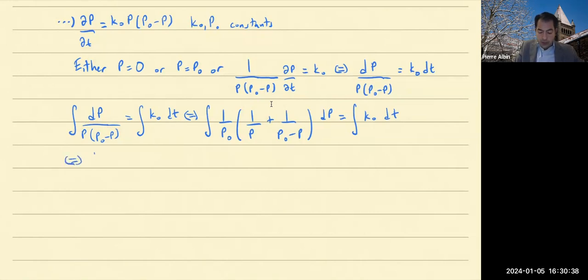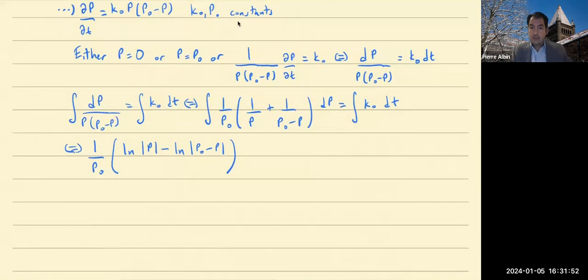Okay, so that means on the left-hand side, I ended up with 1 over p naught times the natural log of the absolute value of p minus the natural log of the absolute value of p naught minus p.